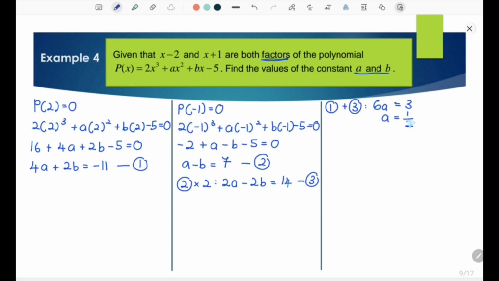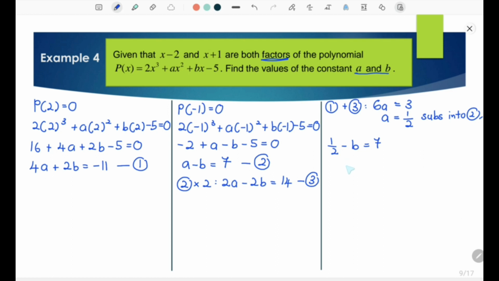1/2. Next, we will substitute a equal to 1/2 in equation 1 or equation 2 to find the value of b. I will try to substitute into equation 2. Substitute into 2. So we have a, which is 1/2, minus b equal to 7.